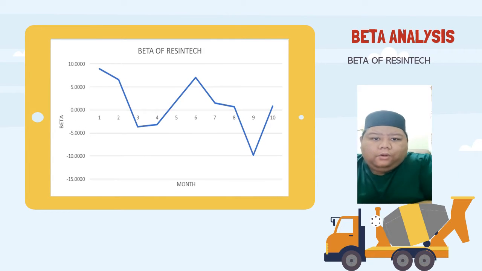And next we go to the Syntax Berhad beta analysis graph, and here we can see that at the beginning of the graph, which is January, there is a very large beta value which is above 1.0, which will lead to a very high risk but a very lucrative expectation in return.